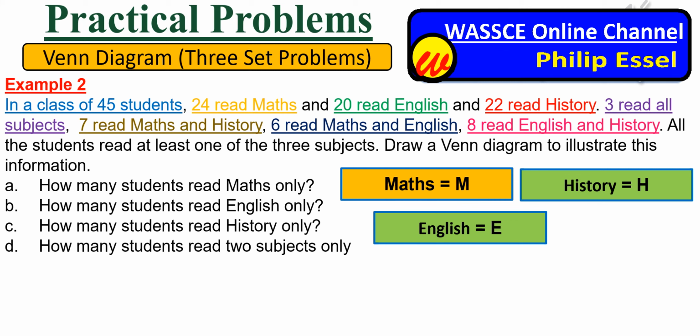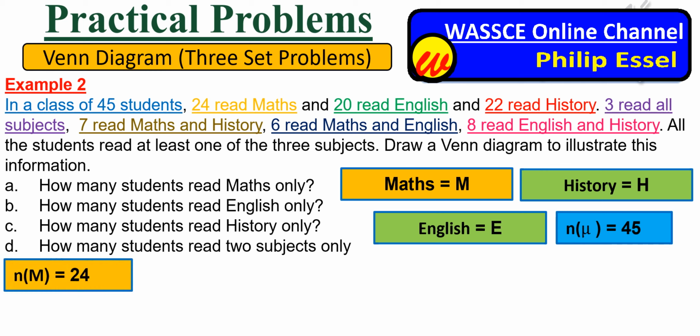What this means is that our N universal will be equal to 45. 24 of these students read math. So number of math students is 24. 20 of these students read English. So therefore number of English students is 20. 22 of them read history. So number of history students is 22.